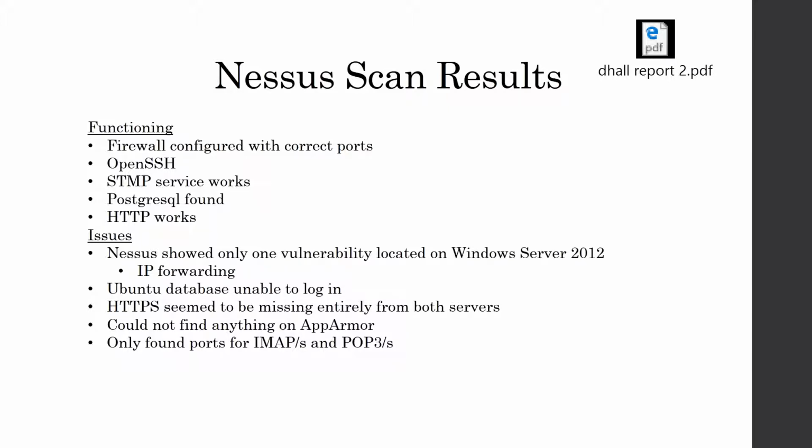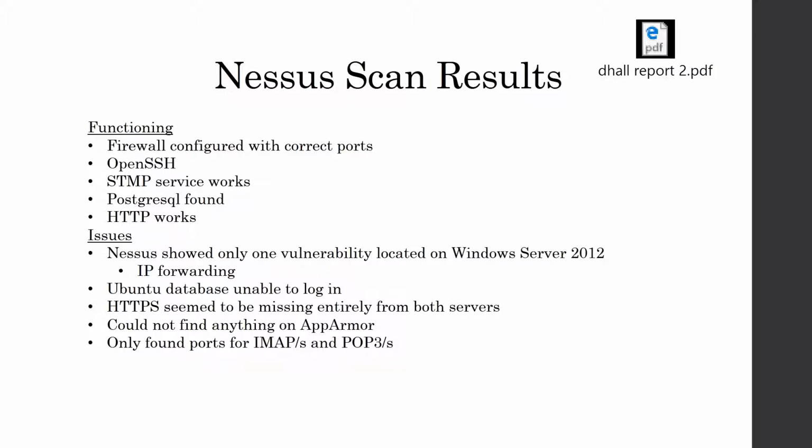These are the Nessus results from my scan on David Hall's Linux or Ubuntu and Windows servers. What I found to be functioning was the firewall, configured with correct associated ports. No issues found on that end. Same thing with OpenSSH, it seemed to be installed and configured correctly.